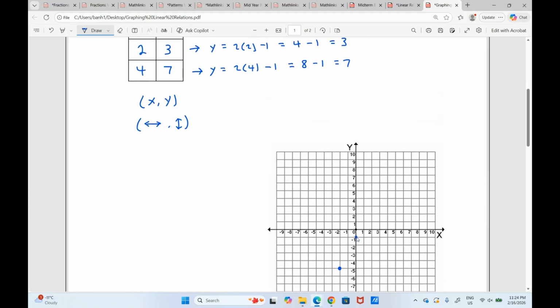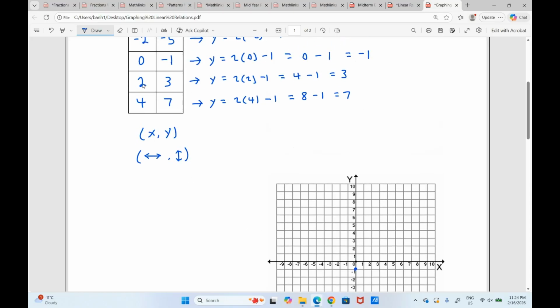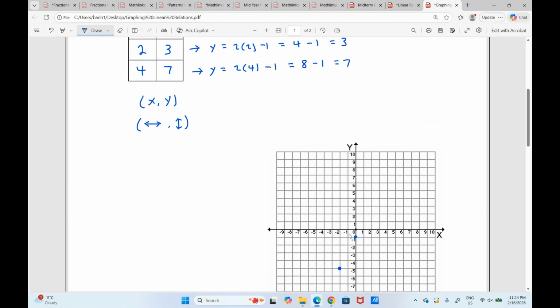My next point is here. The next one would be 2, 3. Because 2 is positive, I go across by 2, and 3 is positive, so I go up by 3. My next point is here. Now my last point, 4, 7: since they're both positive, I go 4 towards the right and then 7 up. My next point is here.